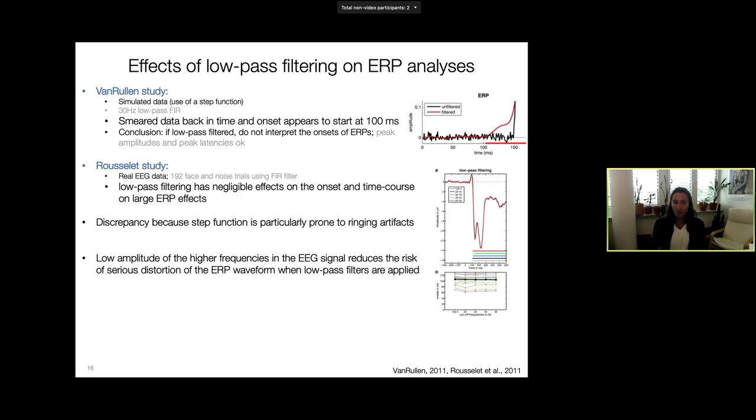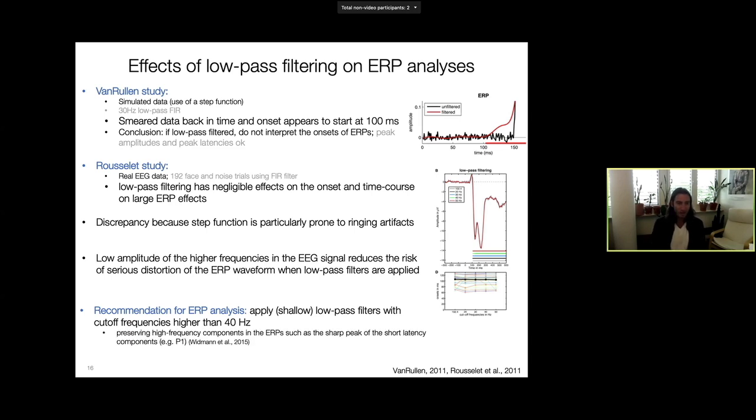So a quite simple solution is to apply shallow low-pass filters with a frequency higher than 40 hertz. When we retain those frequencies, we also don't change ERP components with short peaks and short latencies, such as the P1, for example.